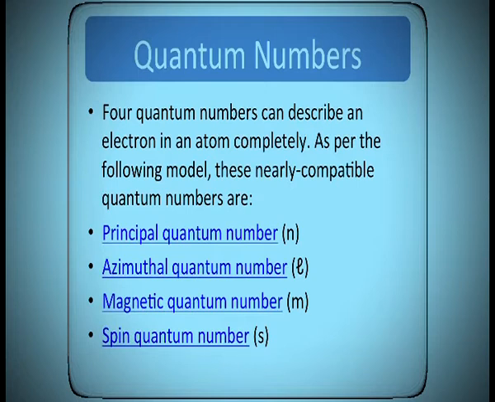These quantum numbers arise in the process of logically solving the wave equation. Every electron in an atom has a unique set of quantum numbers which help to describe the three-dimensional region where there is a maximum probability of finding the electron. The region is called an atomic orbital or simply orbital.